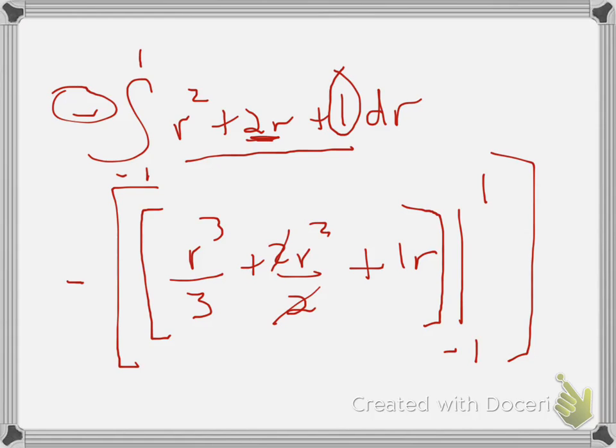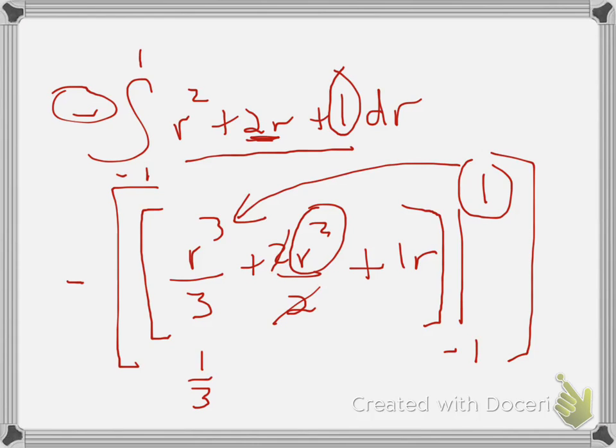Okay? So now let's go ahead and plug the upper bound in. Everywhere you see an r, and you can do some mental math here, but 1 cubed is 1, so 1 divided by 3, okay, that's a third. And here you're going to have 1 squared, which is 1. And then 1 times 1 is still 1. So now you have all of that minus, and now I'll do this in another color so you can see it.